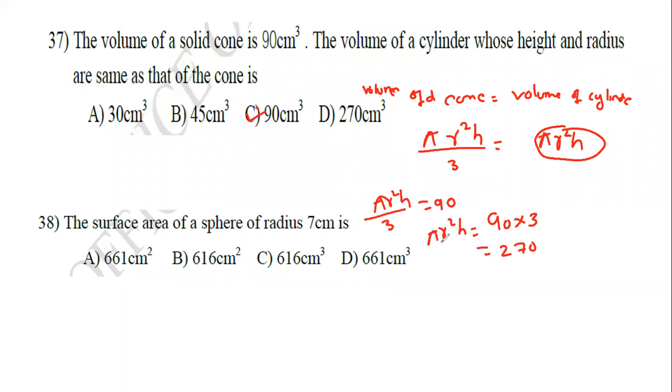So pi r square h you got is 270. So the volume of the cylinder is 270. This is not equal. This is one full portion and this is another portion. So this is not a correct option. Option D is correct.